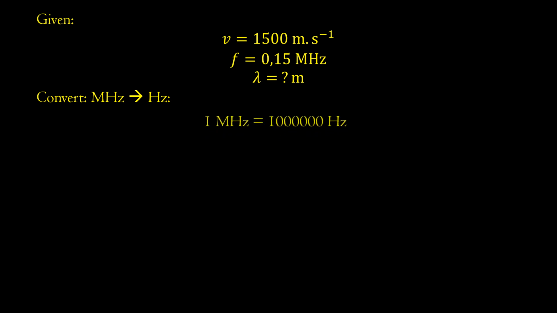1 megahertz, and this is something you should keep in mind, equals 1 million hertz. Another way of writing a million is as 10 raised to the power of 6. This means that 1 megahertz equals 10 raised to the power of 6 hertz. So the prefix mega, represented by the capital letter M, is just equal to 10 raised to the power of 6.